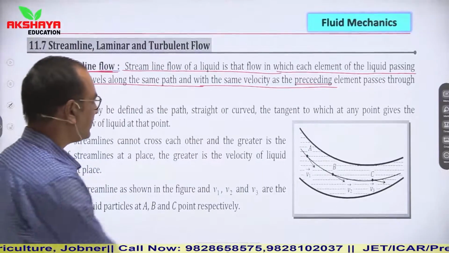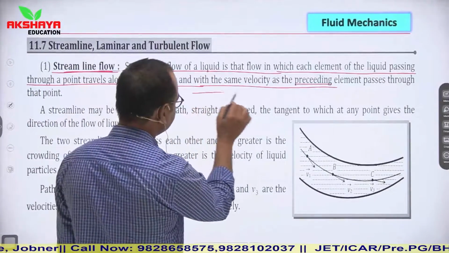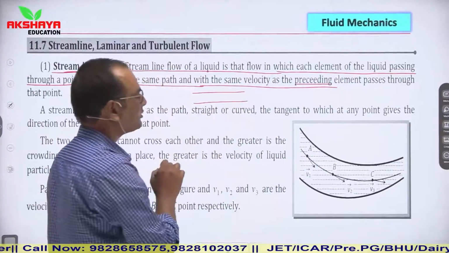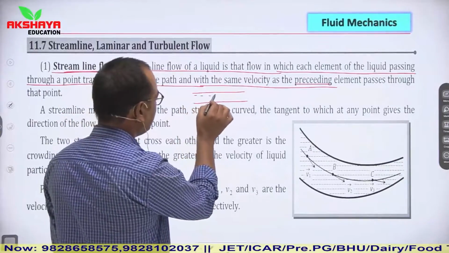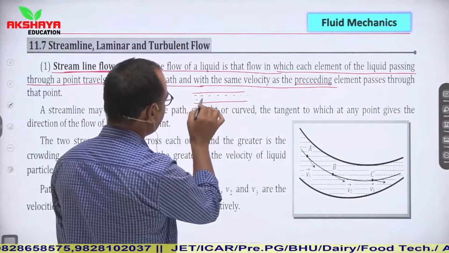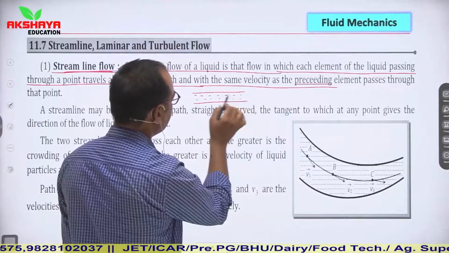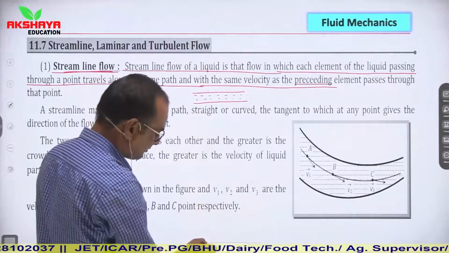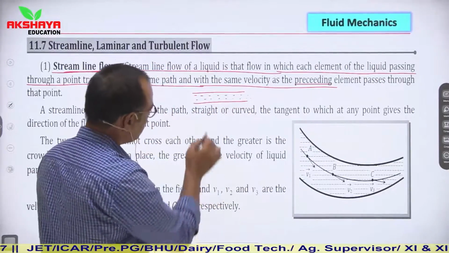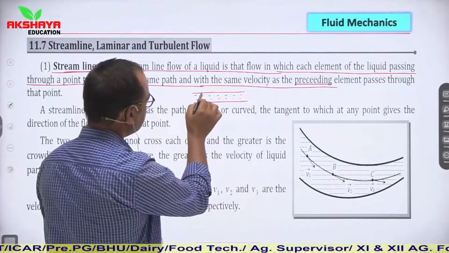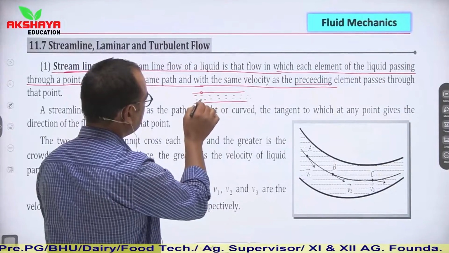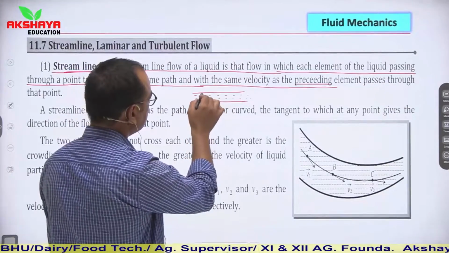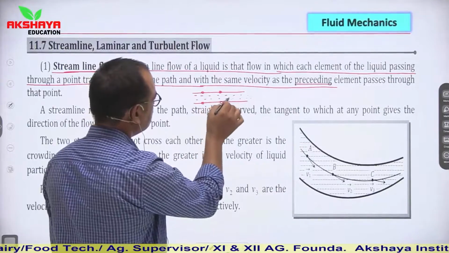So what we are considering, let us say that this is any pipe of certain cross section, and these are different water layers or liquid layers which are flowing through this pipe. So I am marking here some points. So let us say these are points, this, this, this.